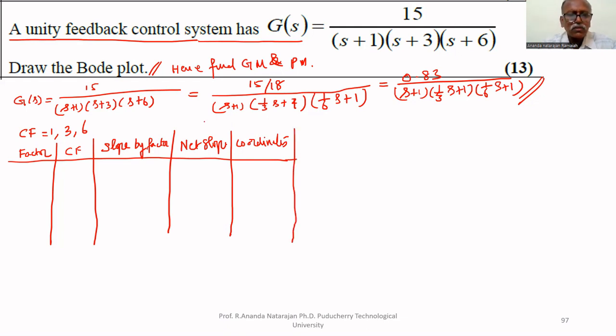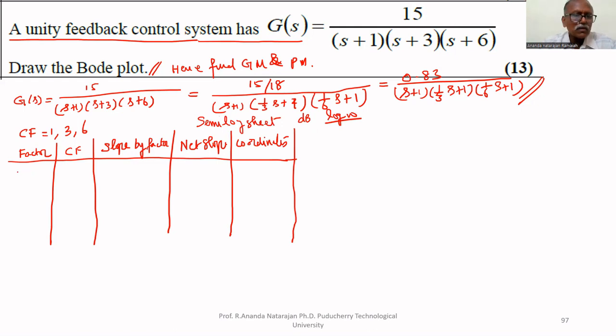We are going to draw this on semi-log sheet. Y-axis is in dB and x-axis is log omega. The scale is logarithmic, that's why we won't take log, but omega will be directly written on the logarithmic graph sheet.